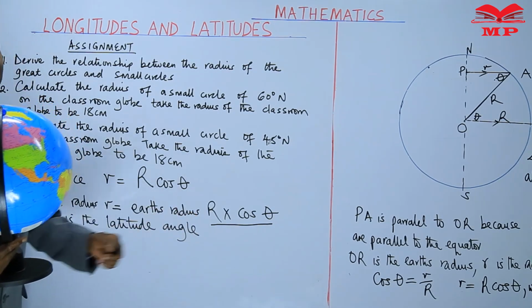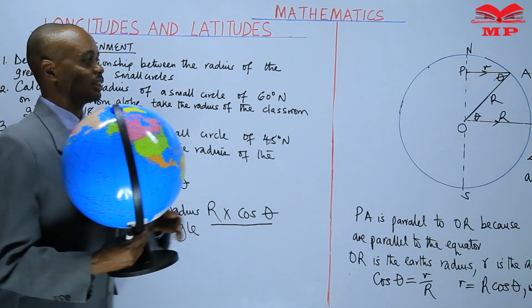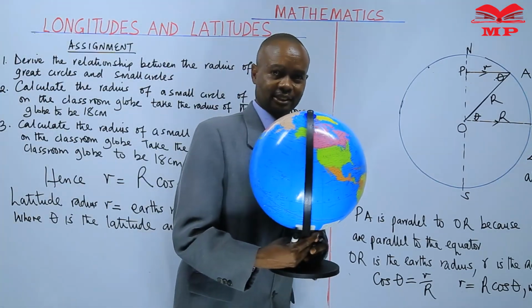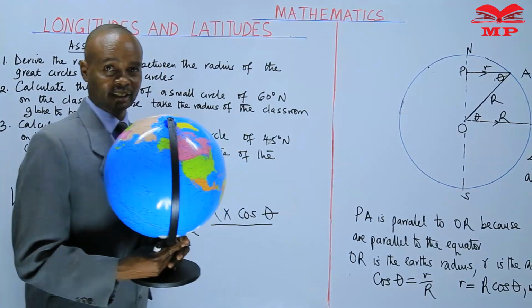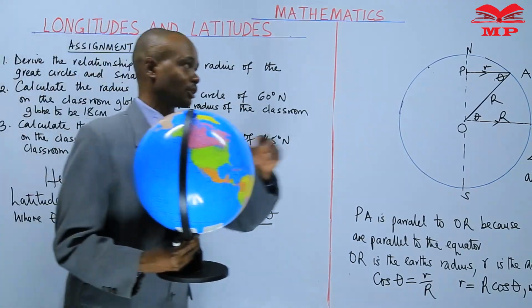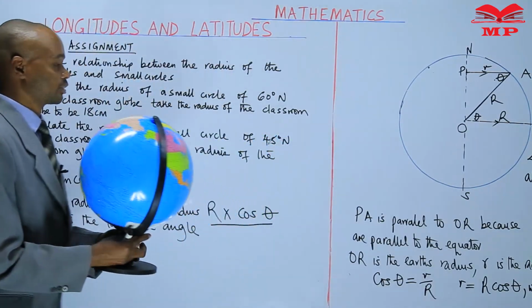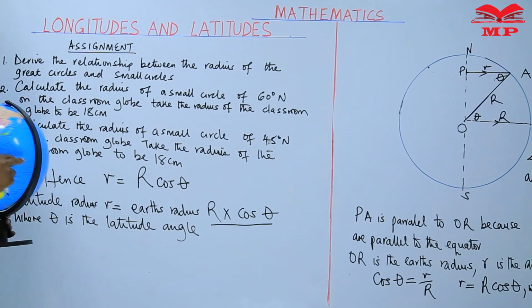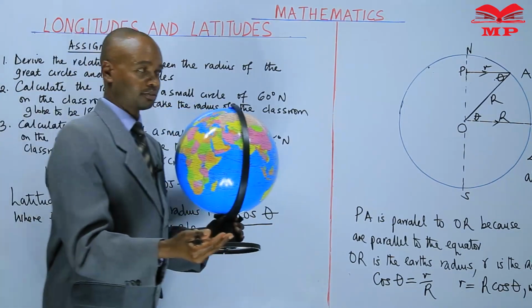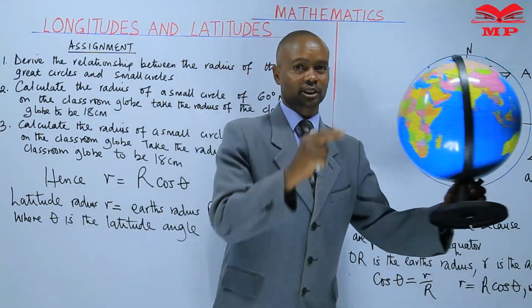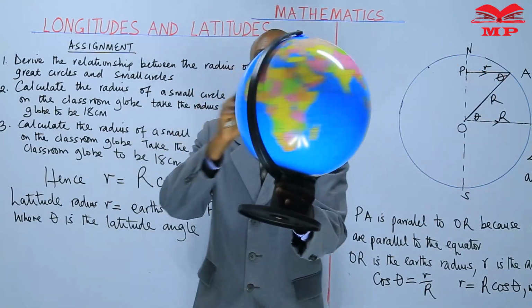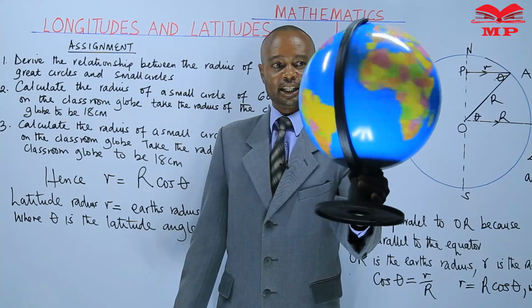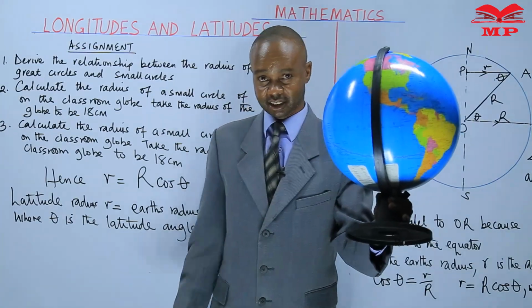But note that when we come to the earth, we shall be using a bigger radius to calculate the radius of the small circles on the Earth's globe. So they have given you the class globes so that you get enough practice before we come to that. So you'll take the radius of this class globe to be 18 centimeters.